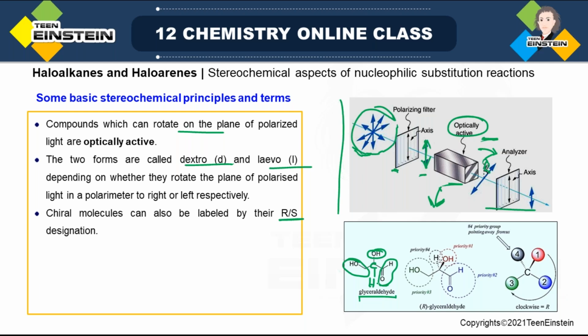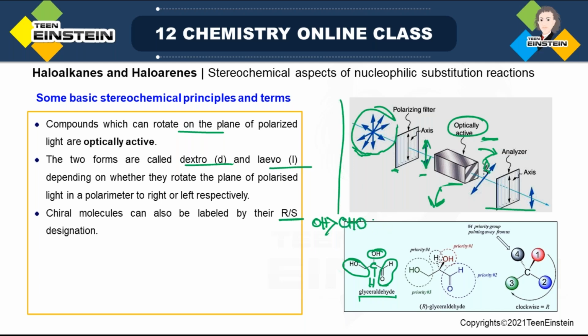Okay. Now once you know that it is a chiral carbon, the next step is to know whether it is R or S. To understand R and S, you have to know the priority order of the groups. Here we have the groups CHO, OH. OH has more priority than CHO.